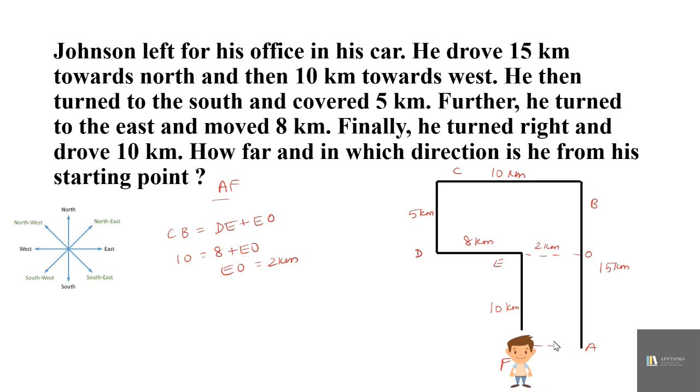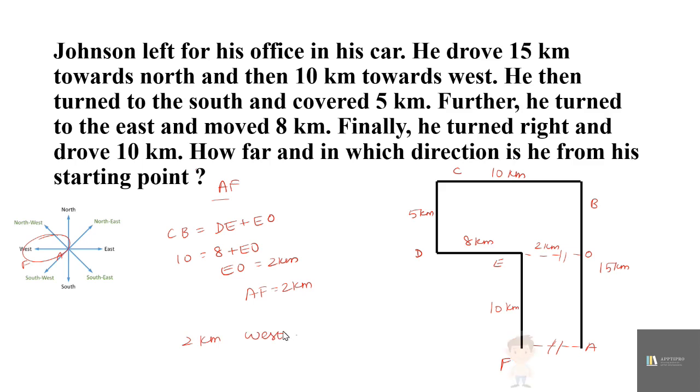Also, EO is similar to AF. So AF is equal to 2 kilometers. And the direction from initial and final point is along the west direction. This is A and this is F. So it is in west direction. So the answer is 2 kilometers west.